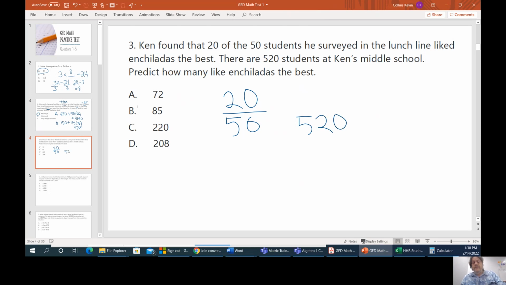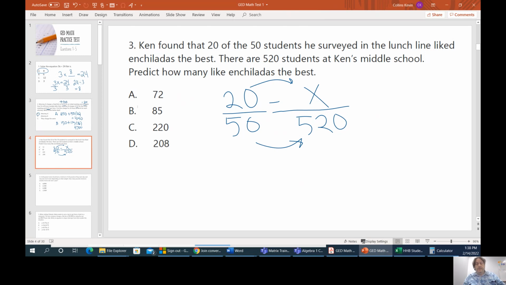Okay. So I'll show you a couple different ways to think about this one. We want to know how many of these kids like the enchiladas the best. So basically what we're doing is we're scaling this up from 50 to 520, and we're going from 20 up to some number. So how would we figure that out?